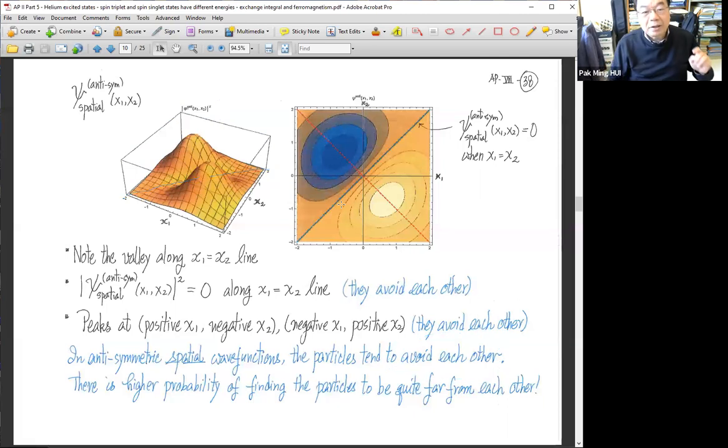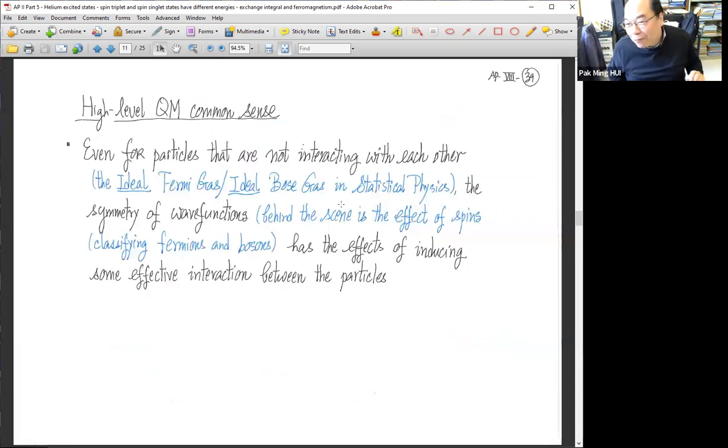So in statistical physics and thermal physics, later on in Professor Gore's course, you will learn something called the ideal Fermi gas. Ideal means the fermions are not interacting. But still, a Fermi gas is very different from a classical ideal gas because of the Pauli exclusion principle. They don't like each other. They pile up in energy.